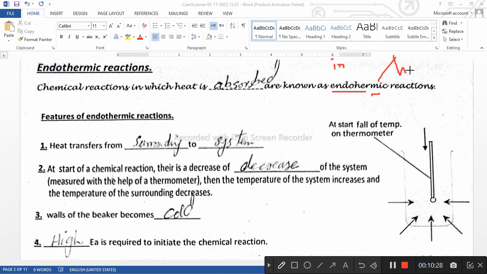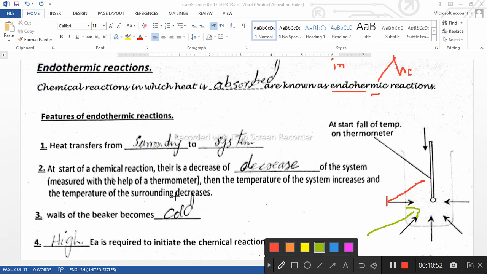Okay, heat. So characteristics of endothermic reactions: heat is transferred from the surrounding. In an exothermic reaction, heat transfers from the system to the surrounding, but in the endothermic case, heat transfers from the surrounding to the system.